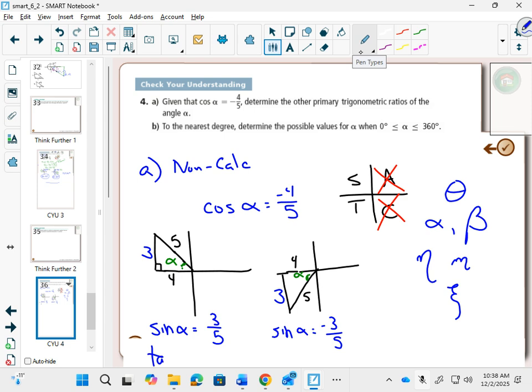And tan of alpha in quadrant 2 would be negative 3/4, and tan of alpha in quadrant 3 would be positive 3/4.